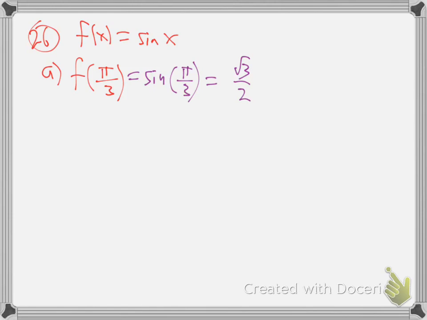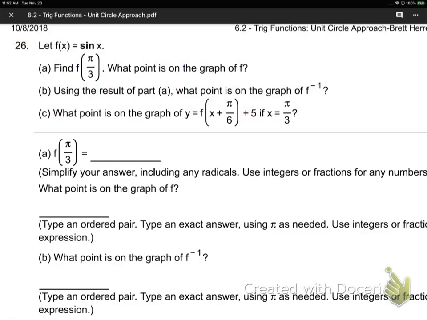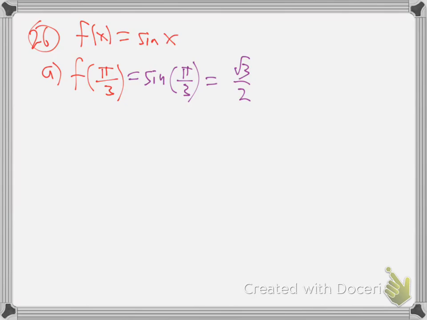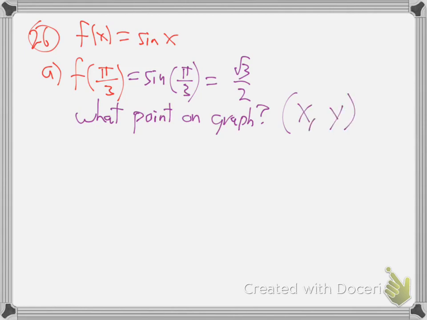Good so far? Now, part B says, using the result, what is the point on the graph? Oh, I'm sorry, we didn't finish A. Okay, now they're saying what point on the graph is that? Well, a point is an x comma y.